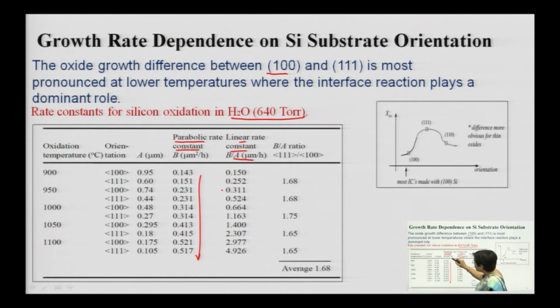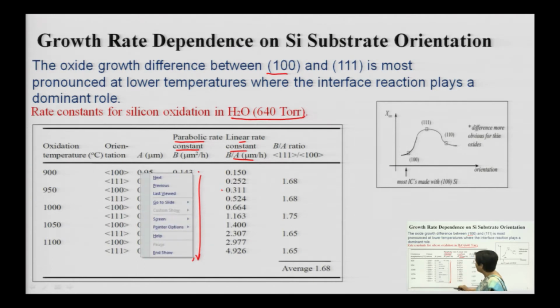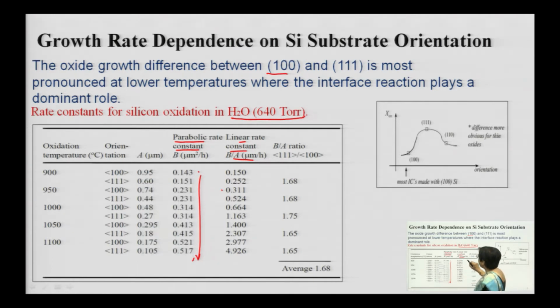The parabolic rate constant varies only from 0.1 to 0.517, whereas the linear rate constant, since there are more species to react, changes drastically with temperature. Initially at 900 degrees centigrade the value is 0.252, whereas with just a 200 degree rise in temperature for the same 100 crystal, the value changes to 2.97.